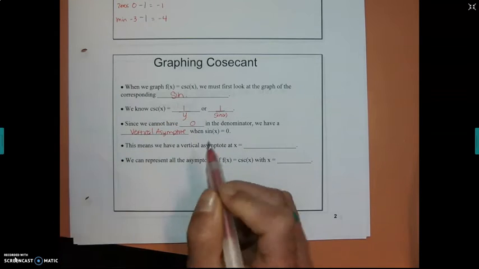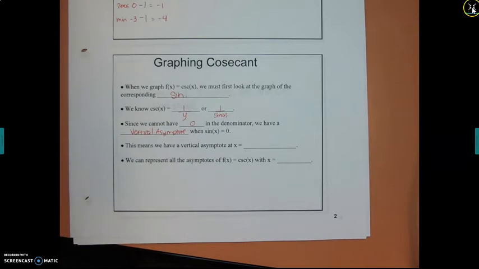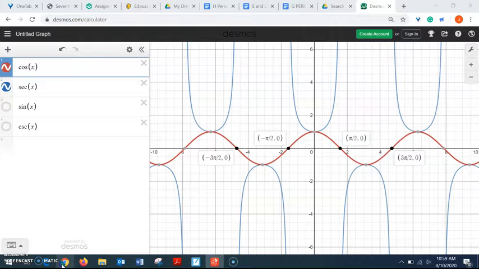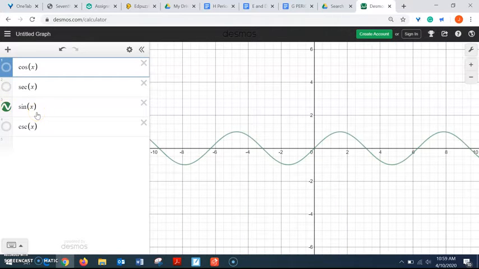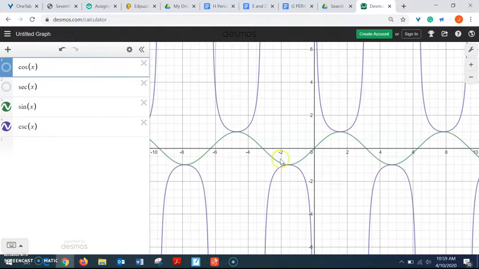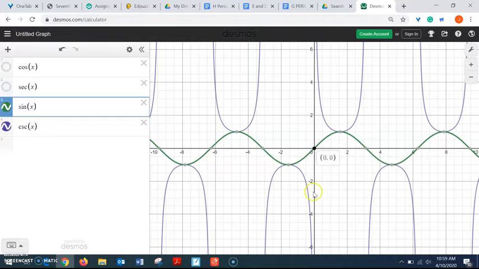All right, so let's go look at the graphs of this really quickly. Okay, so the graphs this time, of sine is here, and the graph of cosecant is here. And so we can kind of see the same thing going on. So when I have a 0 in the sine graph, I can see there's an asymptote there.